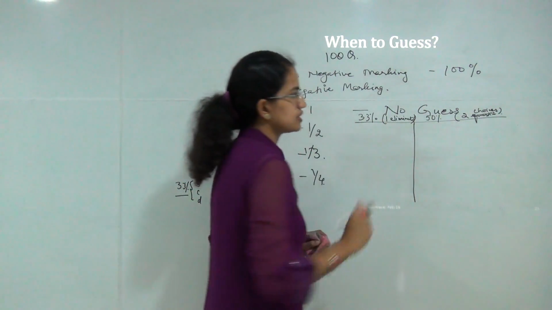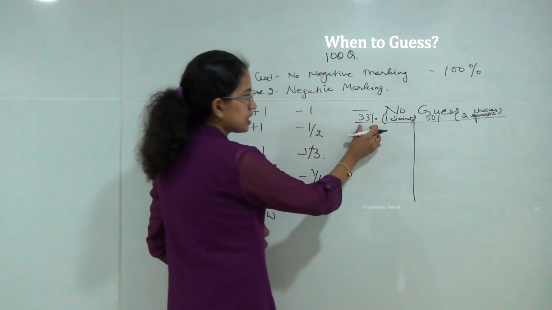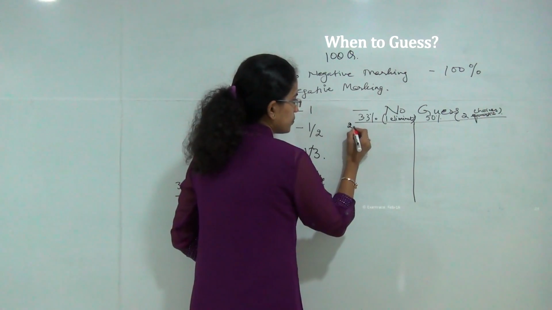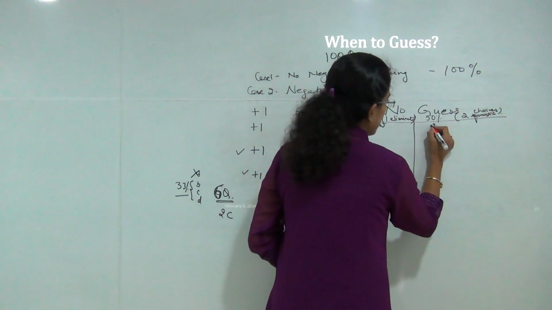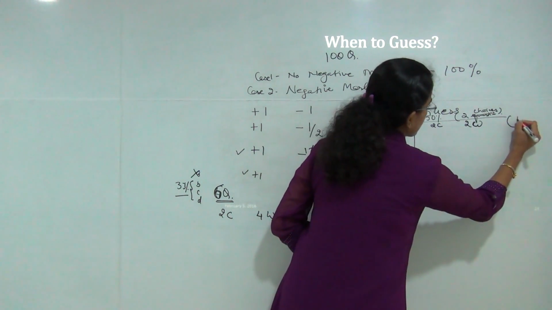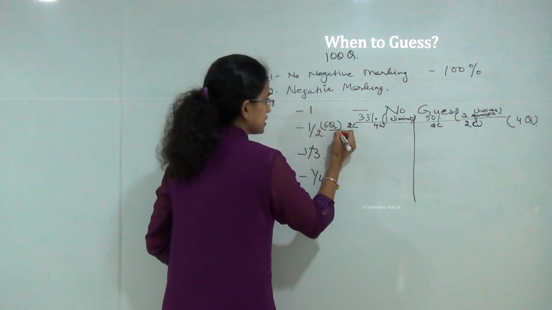So I have 50% chance of the question being correct. So when I am eliminating for 33% and 50%, what would happen? I would have 2 correct choices and 4 incorrect, and here I have 2 correct and 2 wrong answers if I am attempting 4 questions here and if I am attempting 6 questions here.